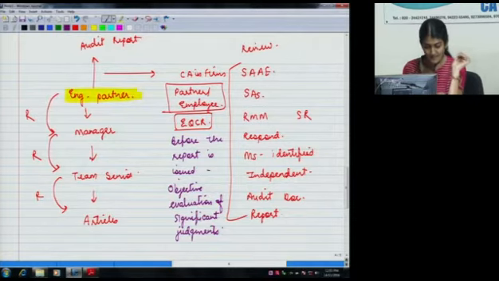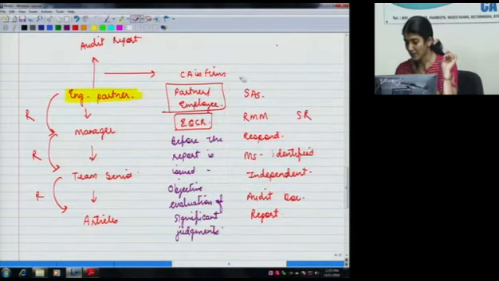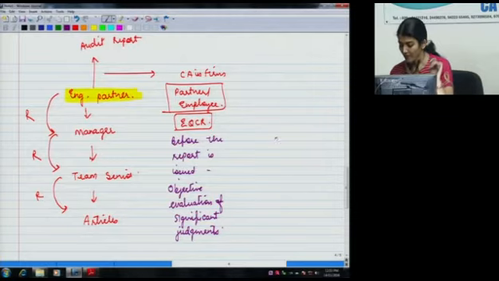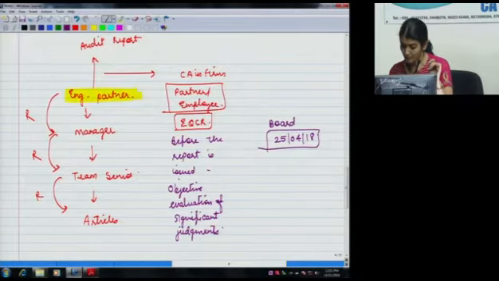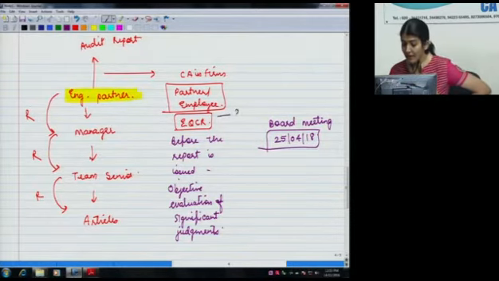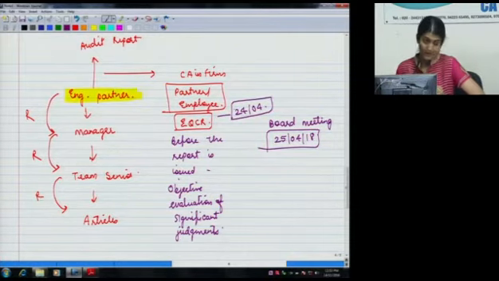Does everybody understand that? So say as an example, the date of the board meeting of Geo Limited is 25th April 2018. So obviously this is the date by which the auditor will have to sign the report. So if the board meeting is on 25th April, by 24th April the EQCR should be done.